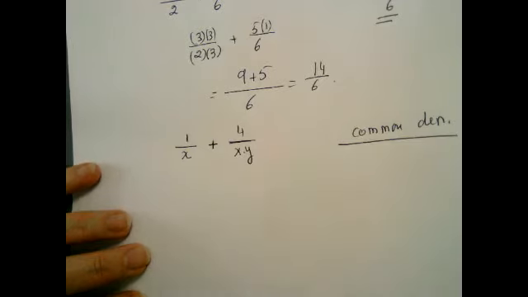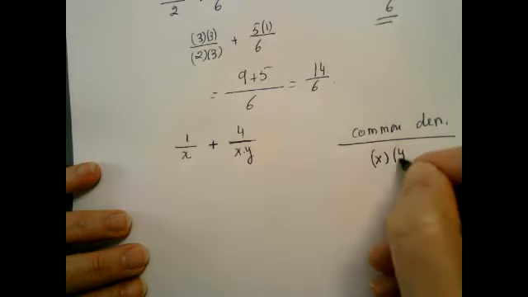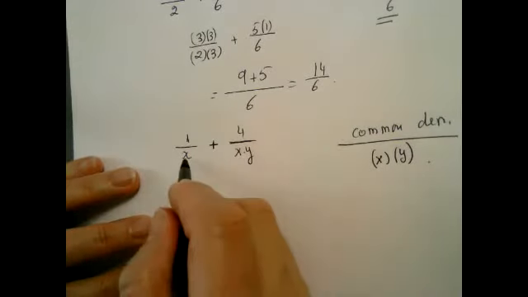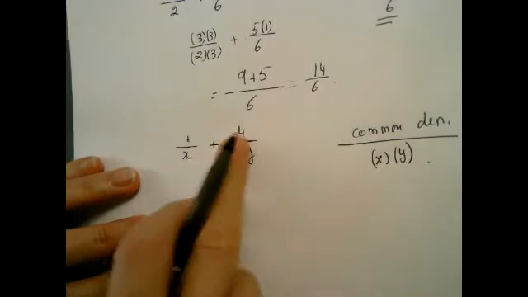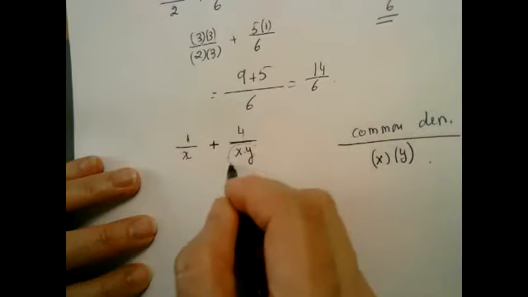What's the number that is a multiple of x? Okay, it's actually x times y. That will be the common denominator here. So now, because I have x here, I have x times y. So y cannot be a common denominator. The common denominator is x times y.